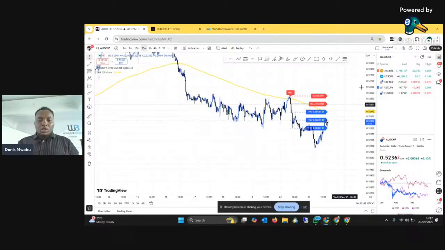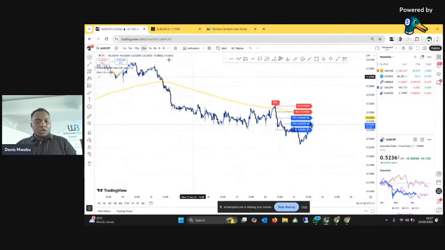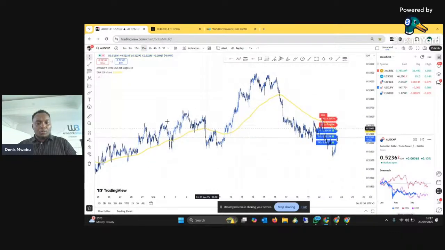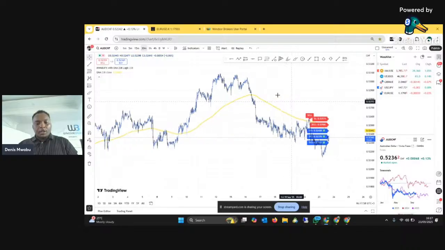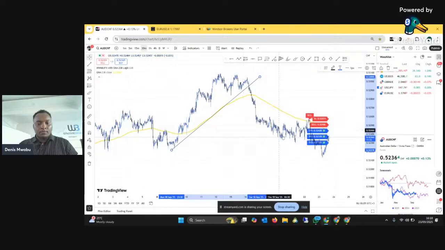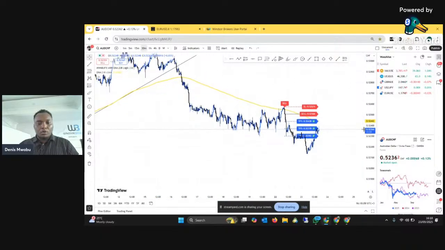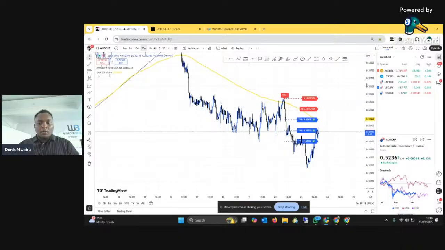I'll be interested in this pair because I can see prices coming up, up, up, and then here it changed direction. It started coming down.